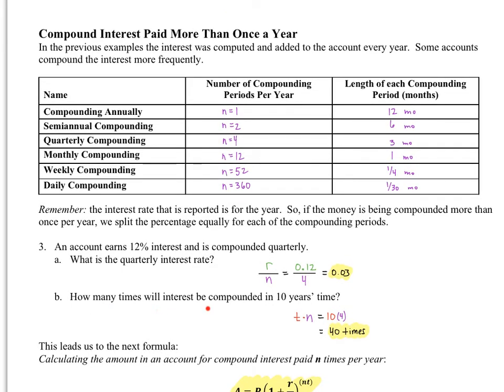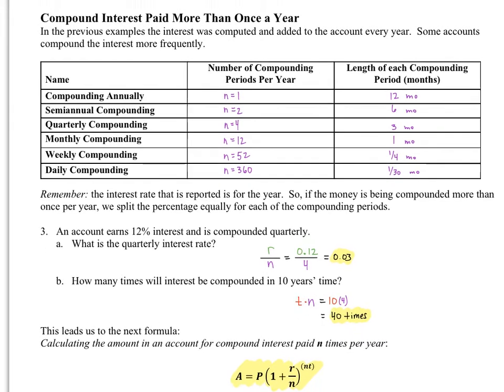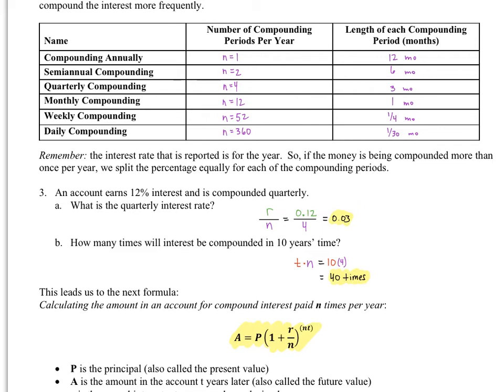Now, how many times will interest be compounded in 10 years? Well, we take the number of years it's sitting in an account, and we multiply it by the number of times it's compounded each year. So T times N, and in this case, it would be 40 times. So this leads us into our compound interest formula when interest is compounded N times per year.